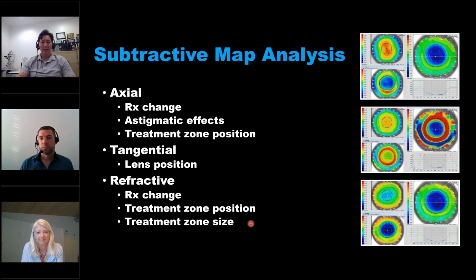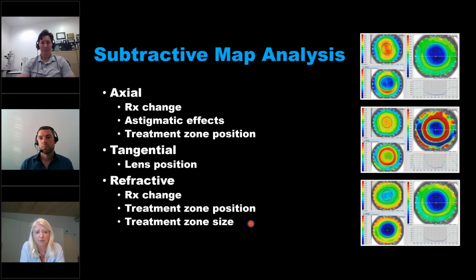Meta, do you rely on the tangential over the axial, or are they equal? What are your thoughts about using these in ortho-K or refractive surgery? It depends what information we are looking for, because yes, the axial map only tells us about the refractive outcome, but certainly for evaluation of the centration and the whole fit of the lens, and how it affects the eye, I would look at the tangential.